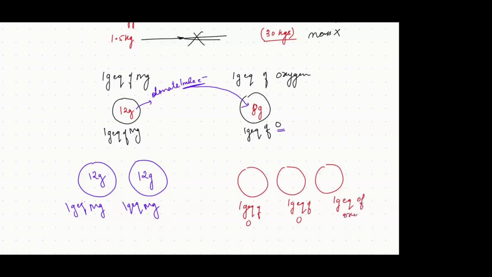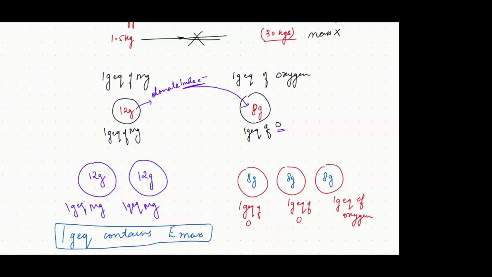Now, you tell me a very important point here. Let's suppose we have 8 grams of oxygen here, 8 grams of oxygen here, and 8 grams of oxygen. So you have to understand one very important key point, that 1 gram equivalent contains equivalent mass of the respective element.